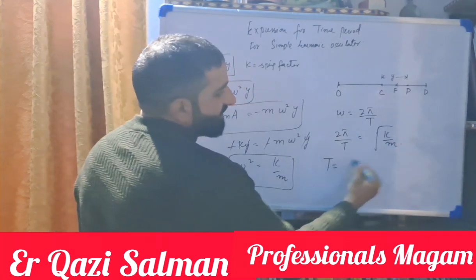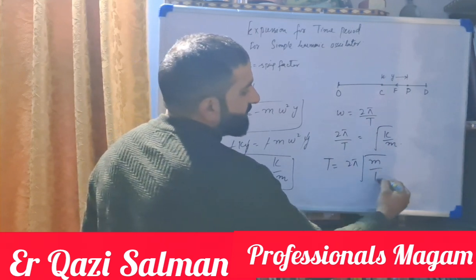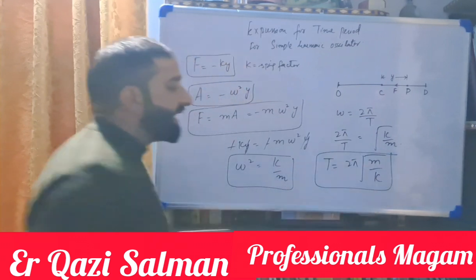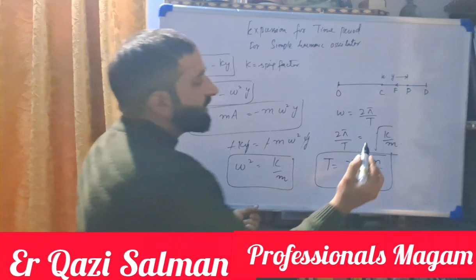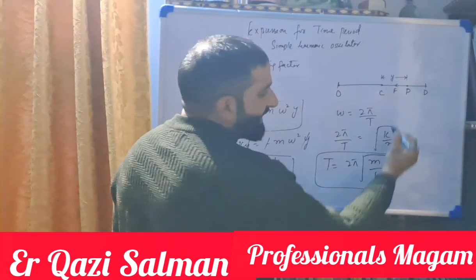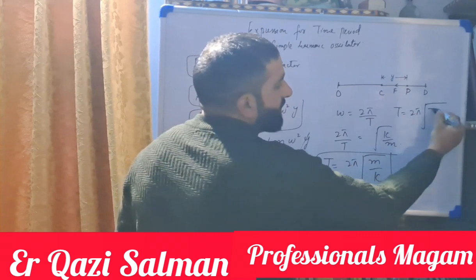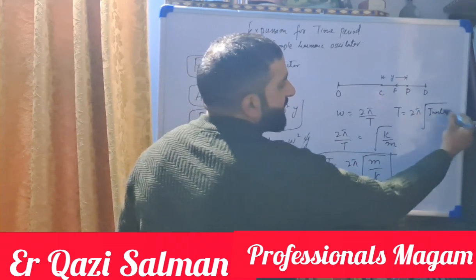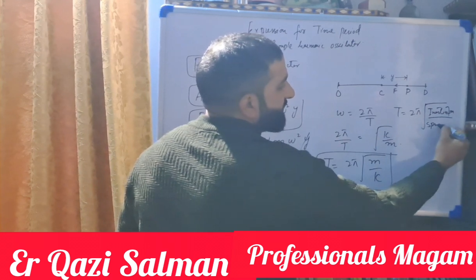So time period will be equal to 2 pi root of m divided by k, where m is the inertia factor and k is the spring factor. We can also write it as time period is equal to 2 pi root of inertia factor by spring factor.